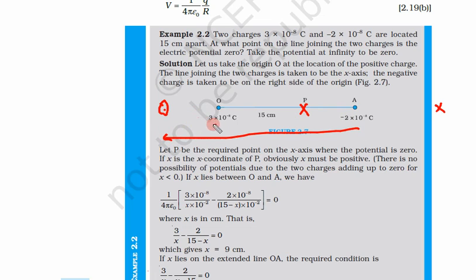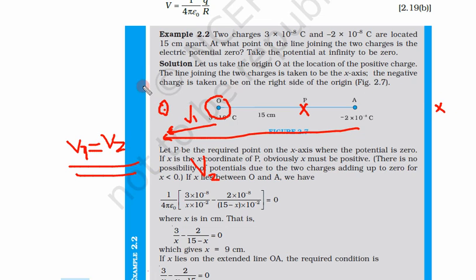This distance is large, this distance is small, and this charge itself is bigger. So this potential due to V1 will always be greater than V2, and we will never get a condition where V1 is equal to V2.